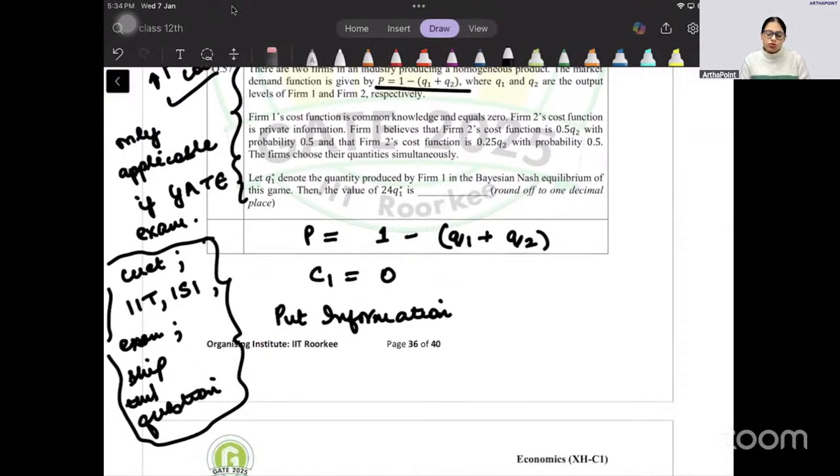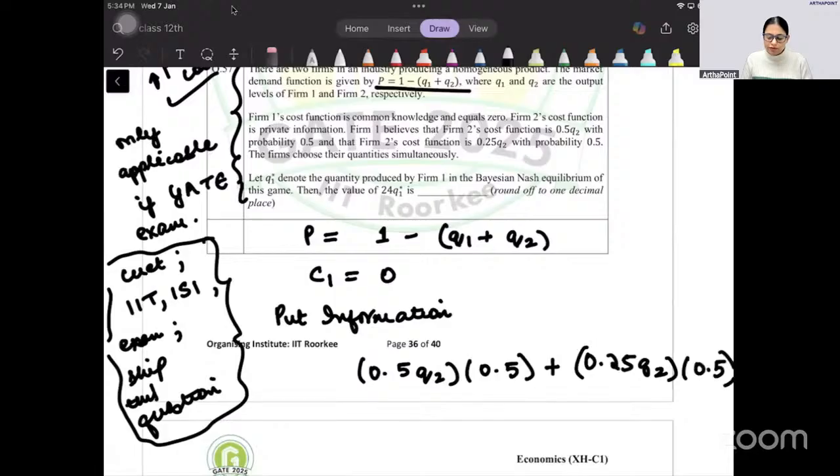Okay. Firm 2's cost function is private information. Firm 1 believes Firm 2's cost function is 0.5 Q2 with probability 0.5 and 0.25 Q2 with probability 0.5.